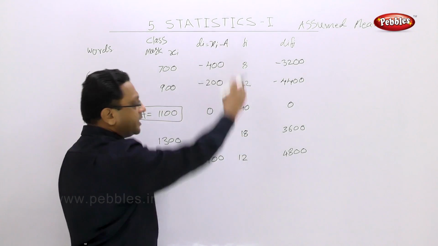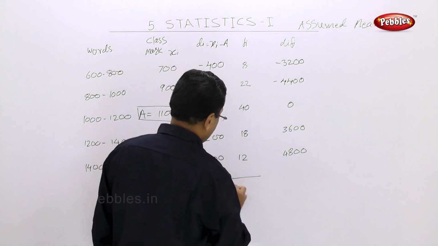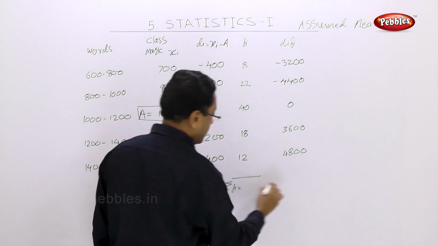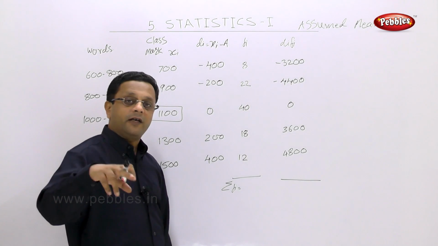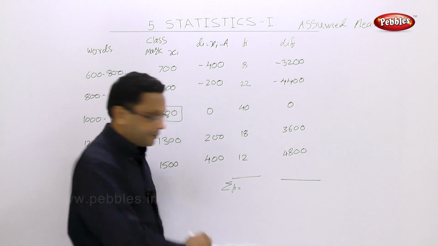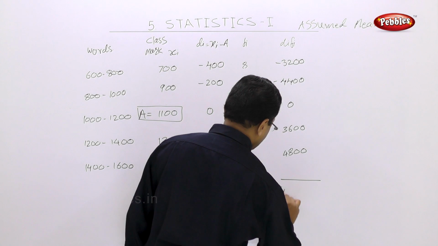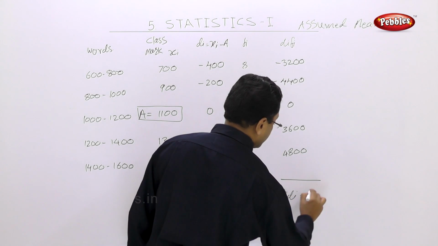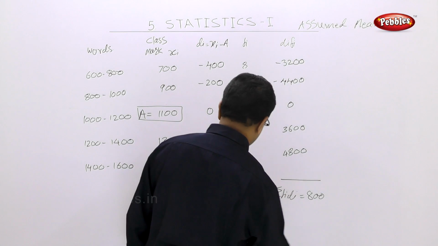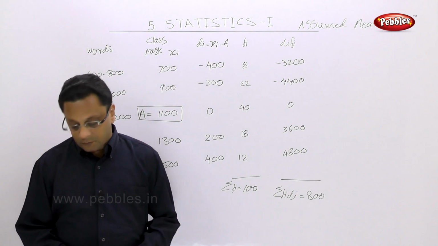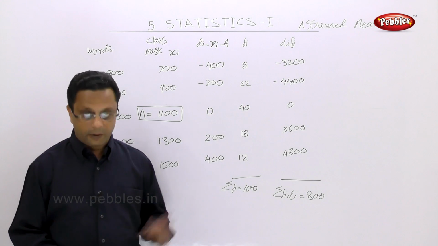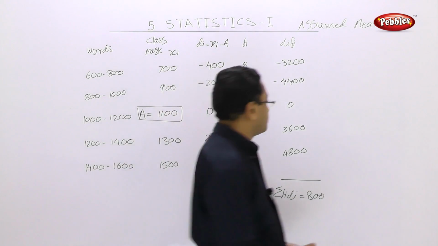Now next is, as usual, I have to find out the sigma fi, and now instead of sigma fi xi, I will find sigma fi di. This is 800 and this is 100. Check your answers. Whatever calculations you have done, please check it.